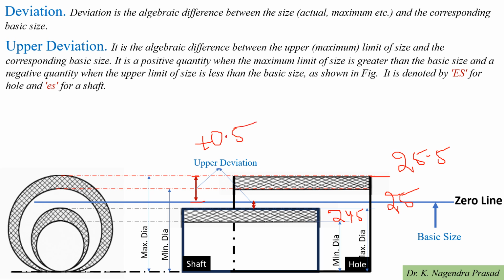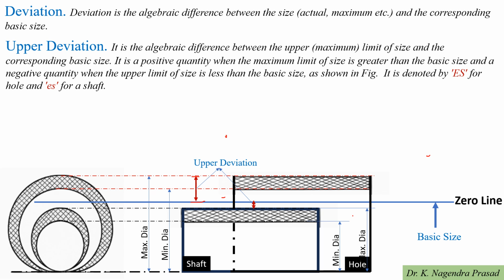Similarly for the shaft, the upper deviation is the upper limit of the shaft, 24.5, minus the basic size, 25. So it is minus 0.5. So positive and negative quantity of the upper deviation depends upon the upper limit of the size.